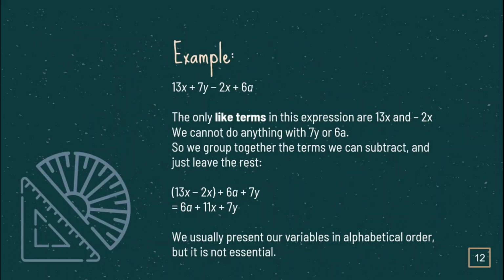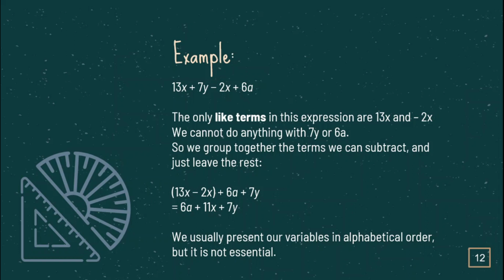This is the example. 13x plus 7y minus 2x plus 6a. The only like terms in this expression are 13x and minus 2x. We can't do anything with 7y or 6a.